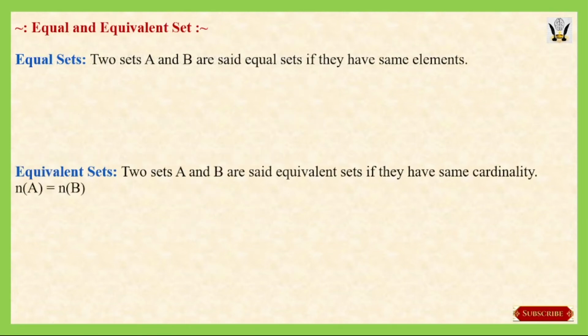Now there is the concept of equal and equivalent sets. Two sets A and B will be said to be equal sets when they have the same elements. Suppose A has these elements and B has these elements.